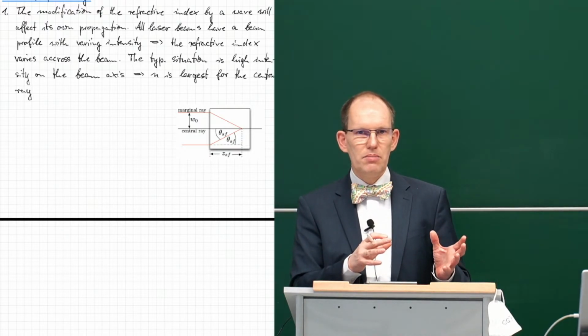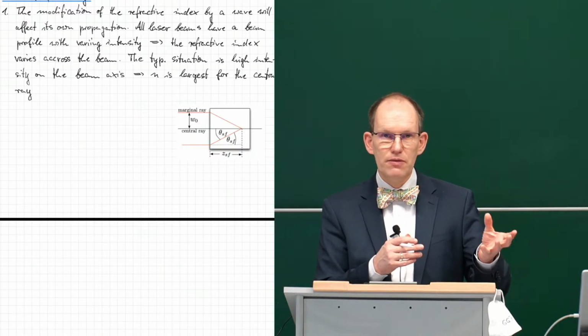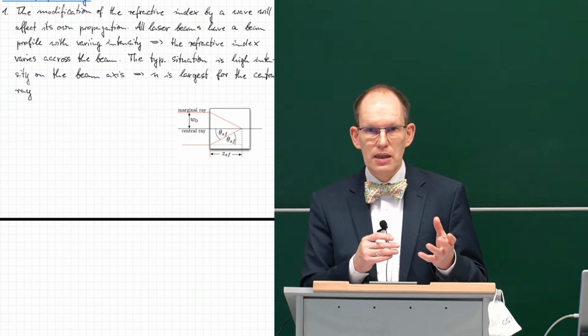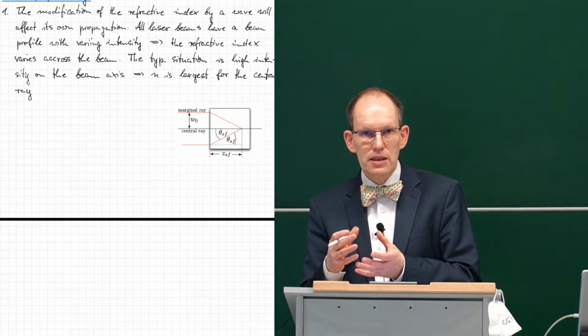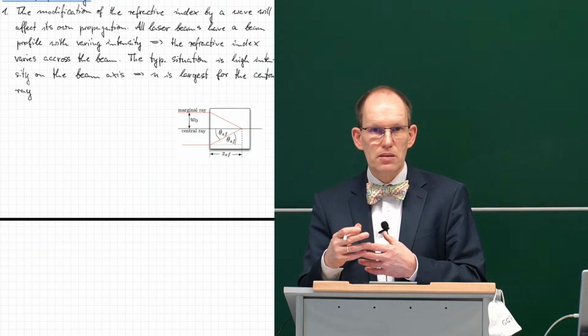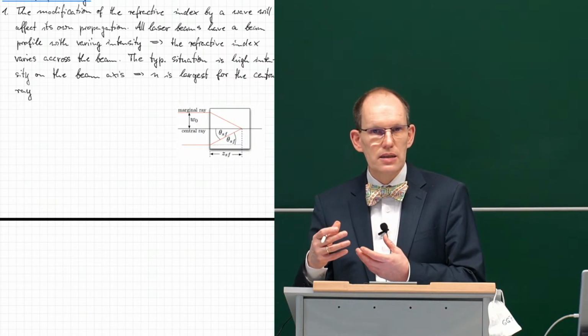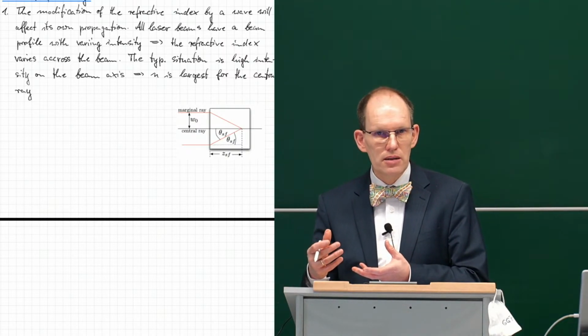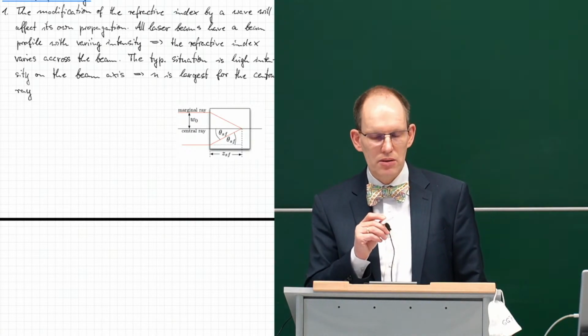And now if you remember, or if you think about optical path lengths, and perhaps even remember that it is possible to create a lens just in a material where the refractive index has a gradient, then you see that we have exactly the same situation.